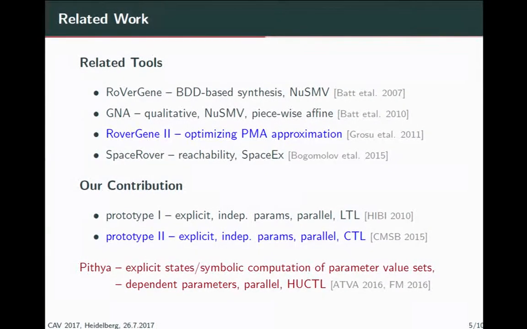We have implemented two prototypes, actually, that use the explicit state space traversal and parallel algorithms for this color model checking procedure for LTL and recently also for CTL. And this tool, Pythia, actually extends this last prototype by means of combining the explicit state traversal with symbolic computation over the parameter space.